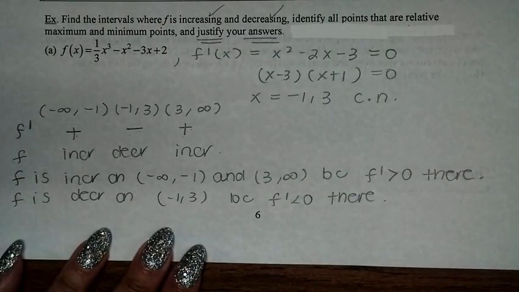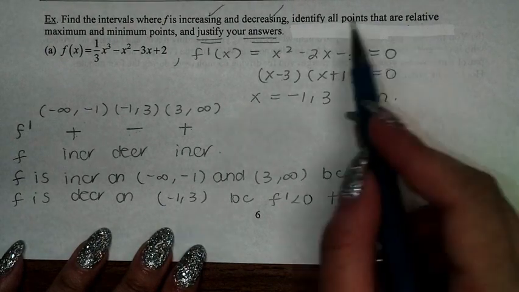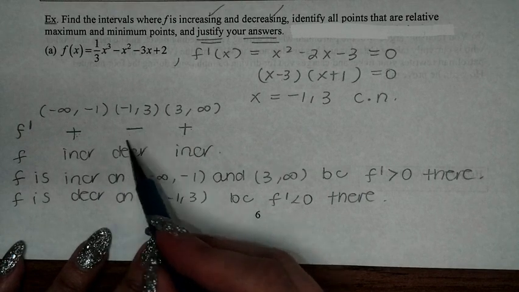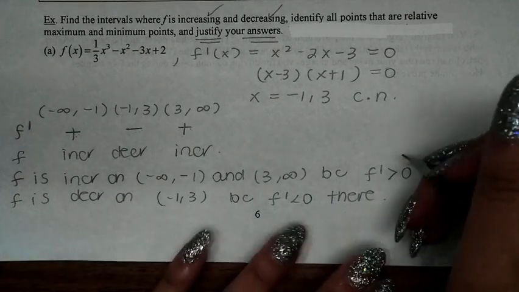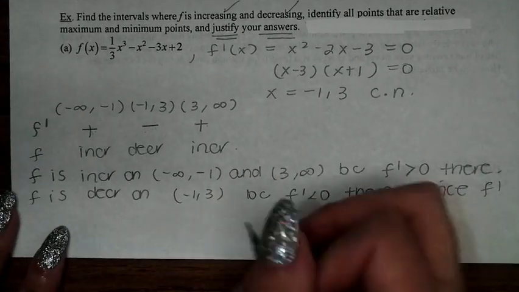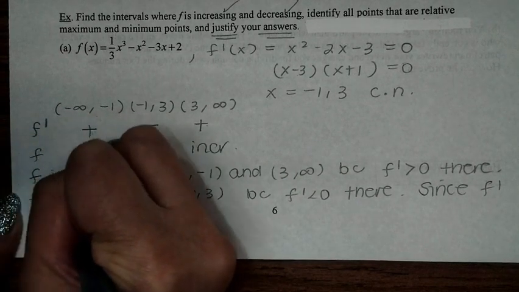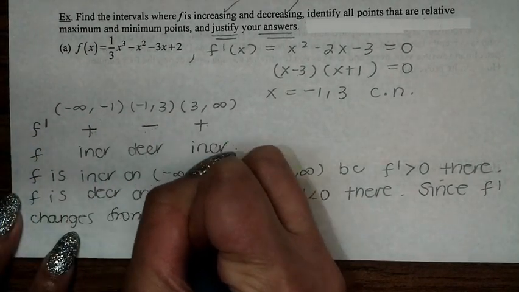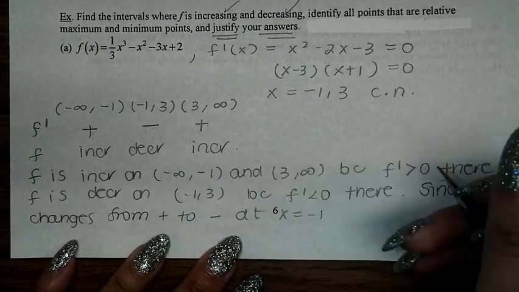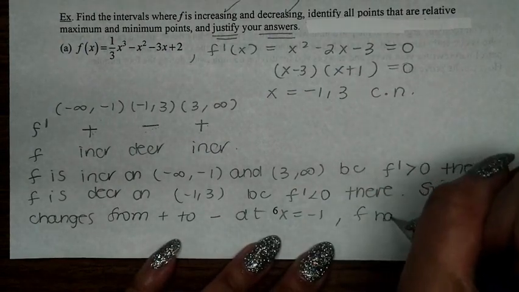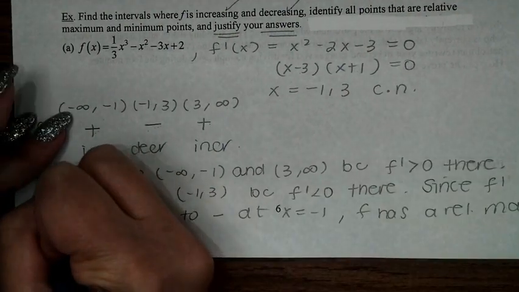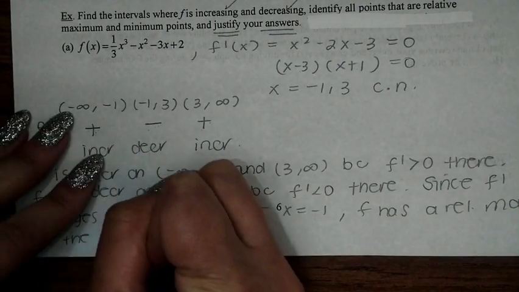Now let's move ahead and identify where we have relative max and min. So this one is going to be a max because it's changing from positive to negative. So you have that since f prime changes from positive to negative at x equals negative 1, f has a relative max at the point, what's that point?